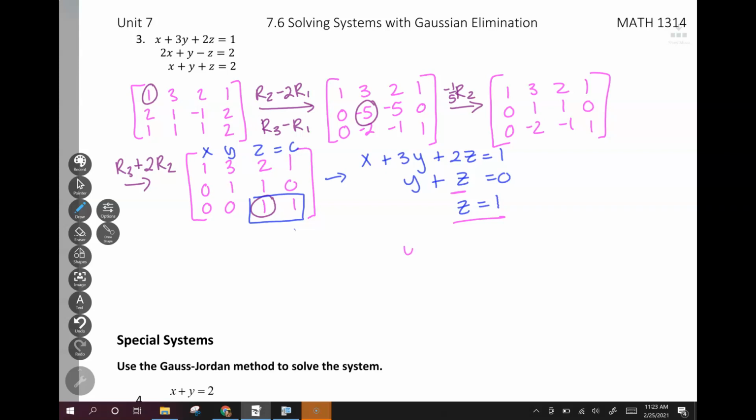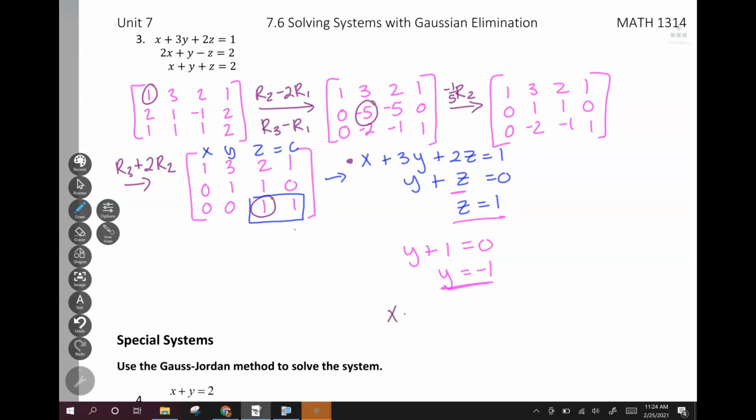So I'll have y plus 1 equals 0, which means y equals negative 1. Okay, now I'm going to take both of those, the y and the z, and plug them into that first equation and solve for x.